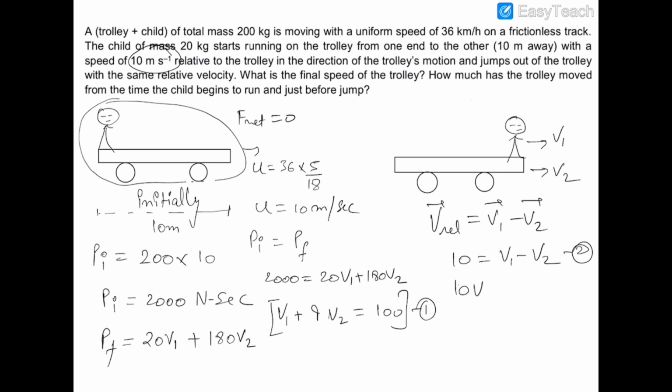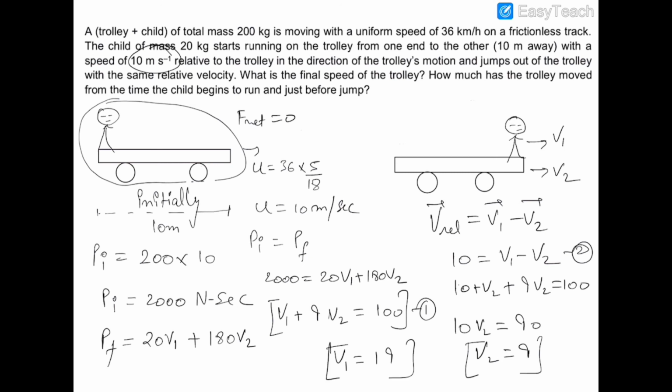So 10 plus v2 plus 9 v2 is equal to 100, and 10 v2 is equal to 90. v2 is equal to 9, and v1 will be equal to 19. So these are the values of v1 and v2. So the final speed of the trolley is 9 meters per second.